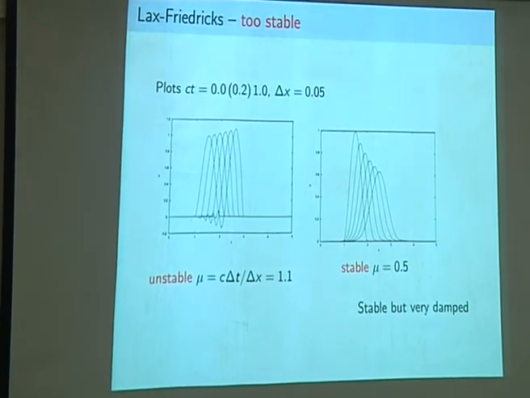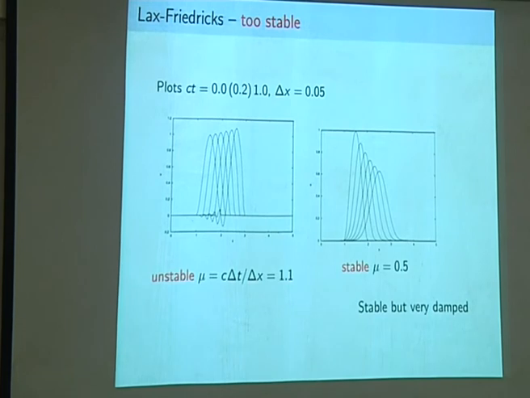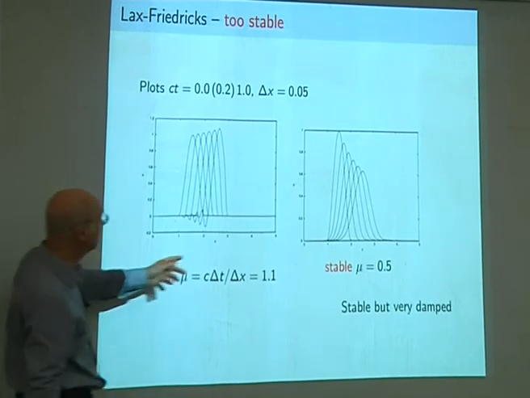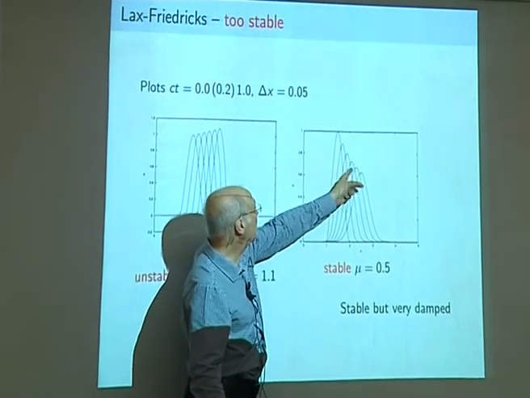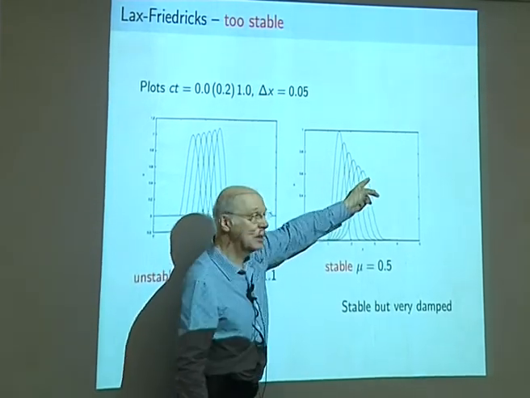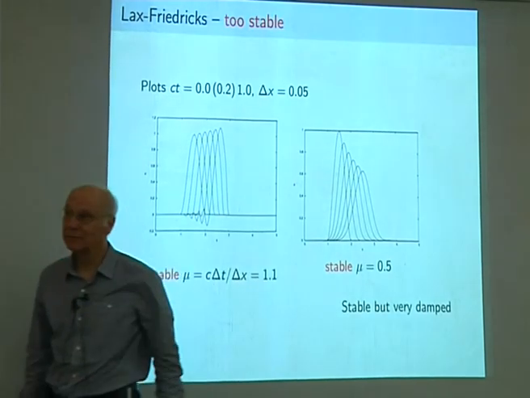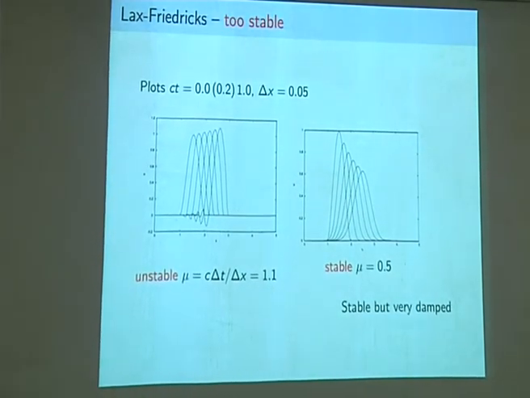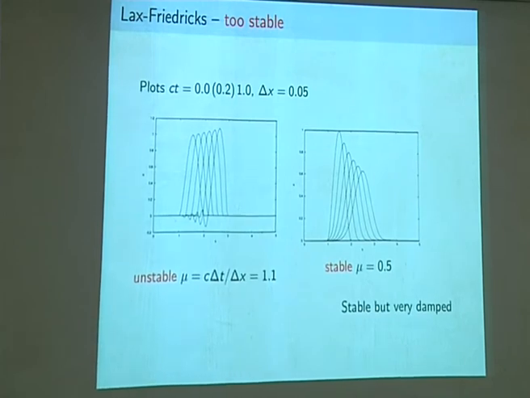Unfortunately, it's too stable. The solution is just decaying on me. The amplitude's going down and it's spreading out. By the time we get to time 1, it is down to some 60% of the original value. So very quickly, your solution has gone away. So this method is too stable.